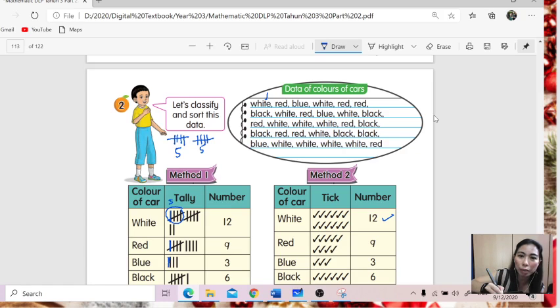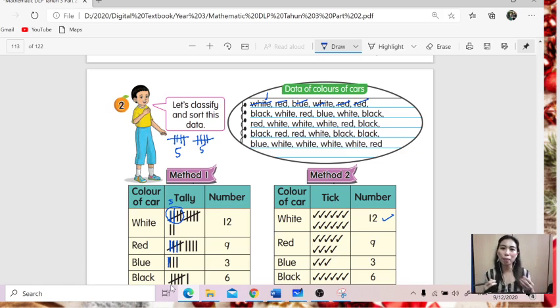Every time he passes white, it goes back to white. So you can cross the information which you have already classified. White, I have just done it. Red, blue, white. And then next is red, so I go to red and cross it, and then red again, I cross it.